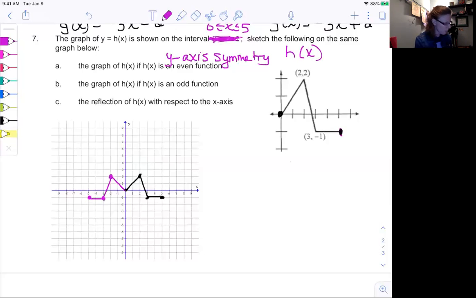All right, we're going to apply this again. So I'm going to go to part B and think about what an odd function means. Odd functions have origin symmetry. Well, if it flips across the origin, that means it's going to the opposite quadrant.